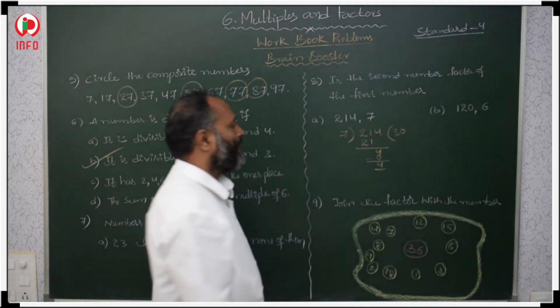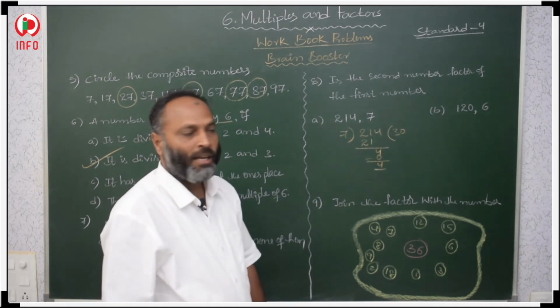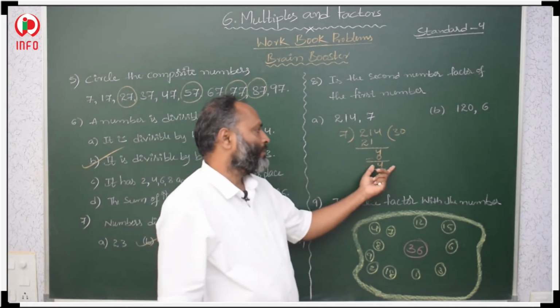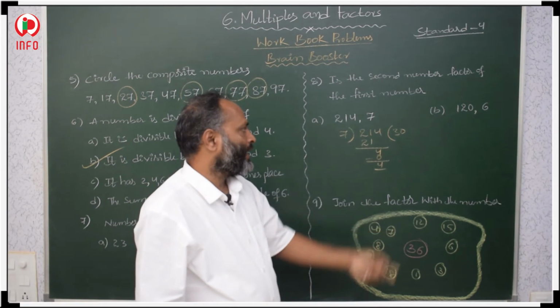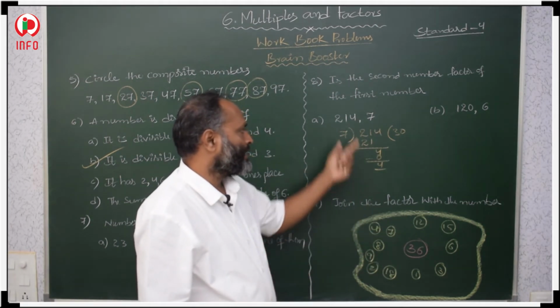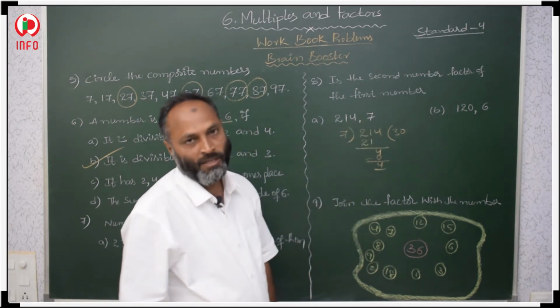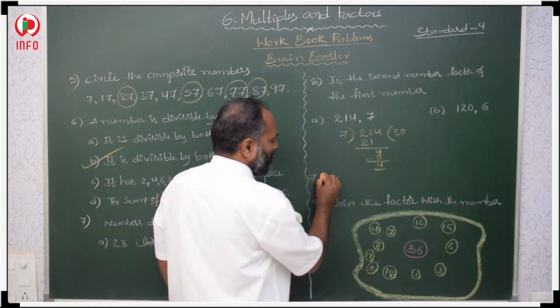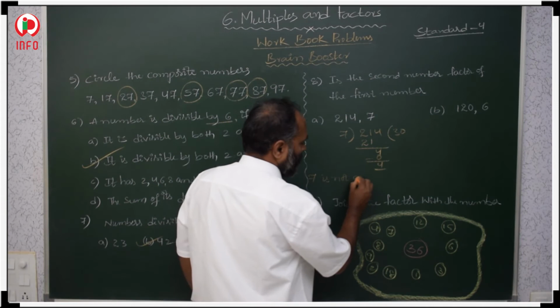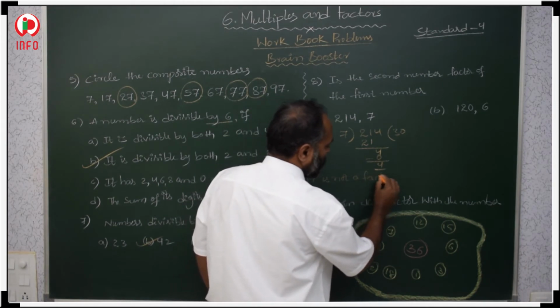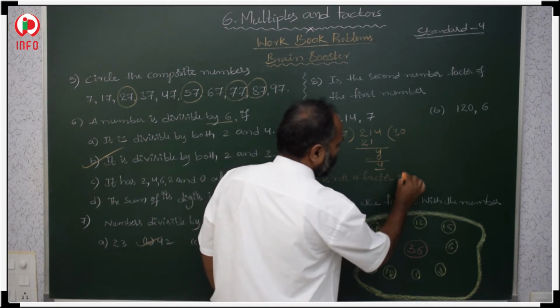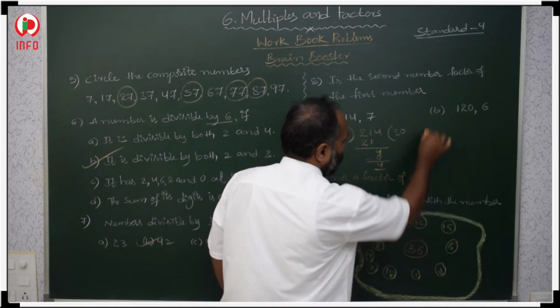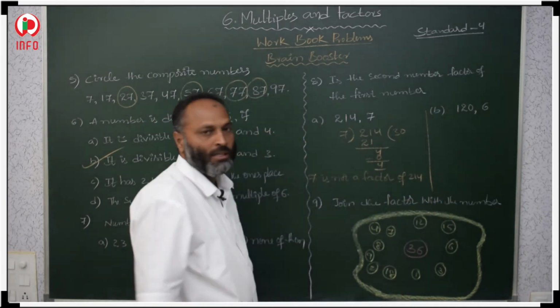The remainder is 4. Since some remainder is left, 214 is not exactly divided by 7. So 7 is not a factor of 214.